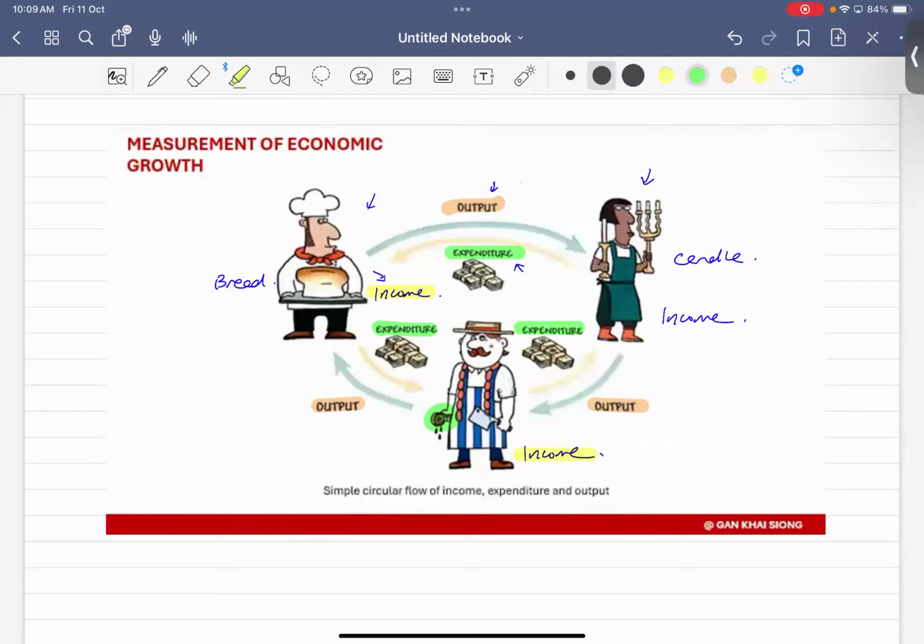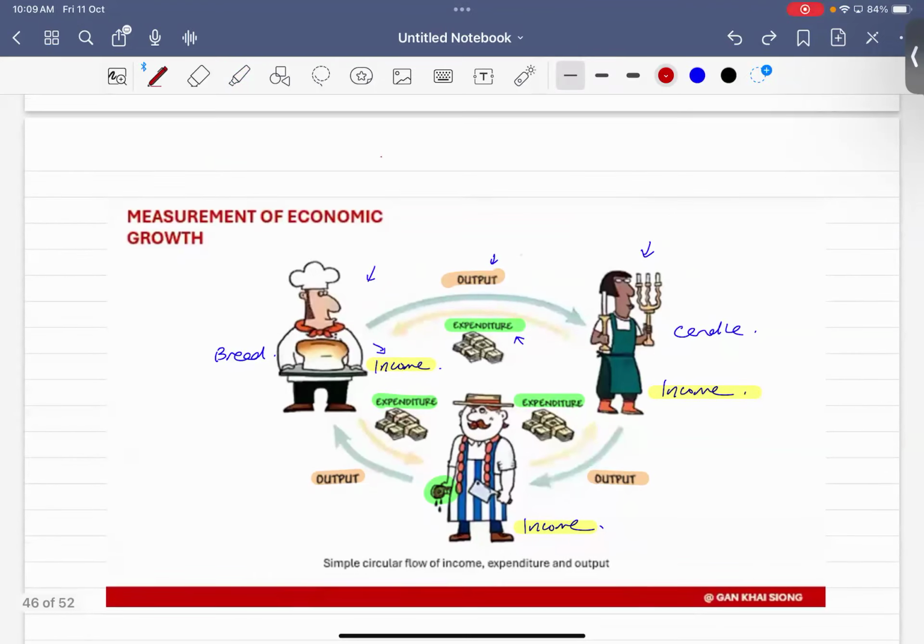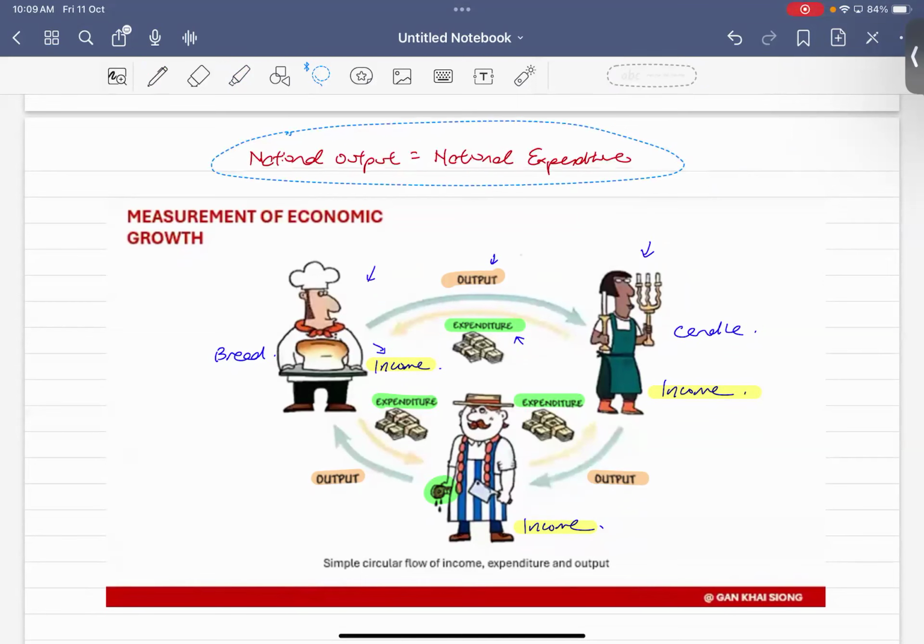So what can you see over here? Three things: there is always output, expenditure, and income. These three components should be equivalent to each other. So we can say national output should always be equivalent to the national expenditure, and it should always be equivalent to the national income.